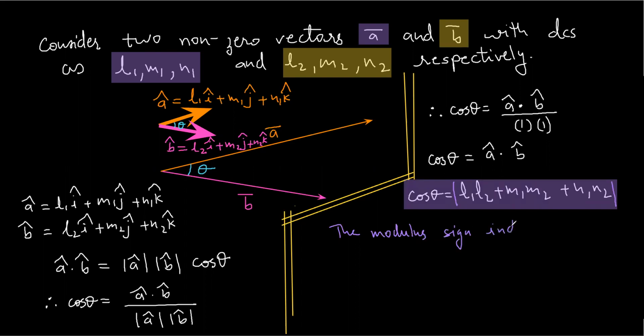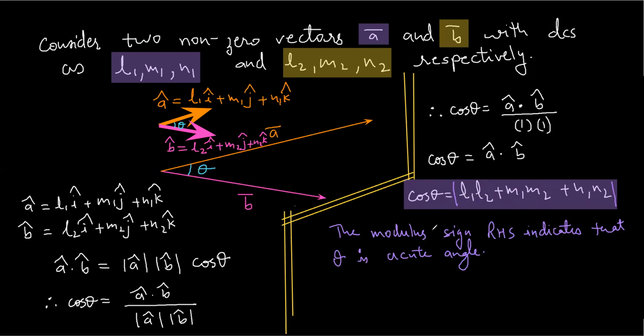The modulus sign on the right hand side, on the RHS, indicates that theta is an acute angle. If you put a modulus sign, then you will get theta as an acute angle.